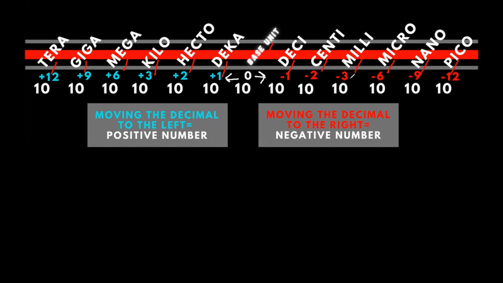But once you reach negative 3 and positive 3, you're going to be increasing the exponent by a factor of 3. So negative 3, then negative 6, negative 9, negative 12 on the right hand side, and on the left hand side, positive 3, positive 6, positive 9, and positive 12.